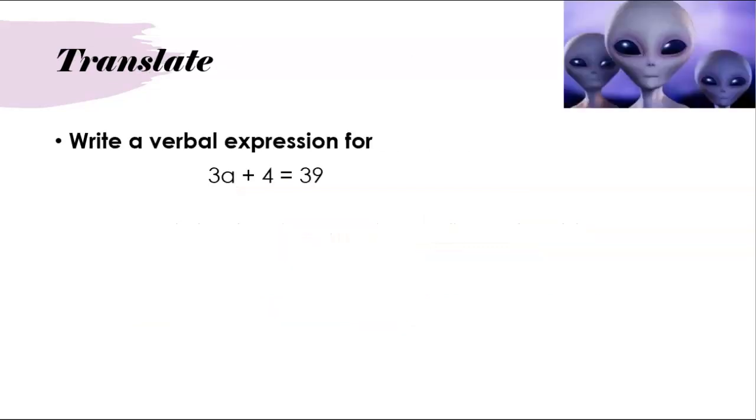But let's practice. It says write a verbal expression for 3a plus 4 equals 39. Well, let's find what we already know what this is, right? That says equal. So we're going to write the word equal down here.